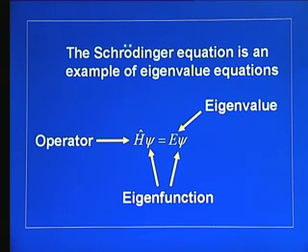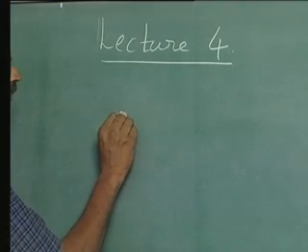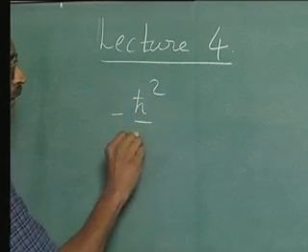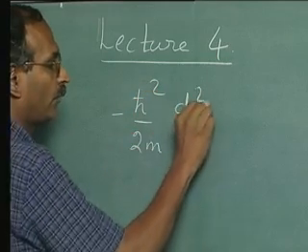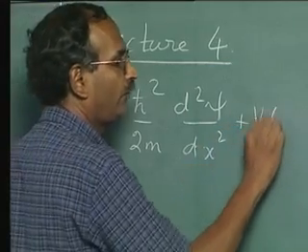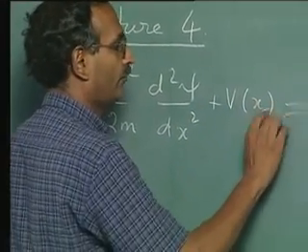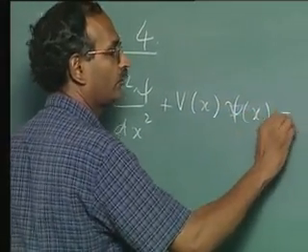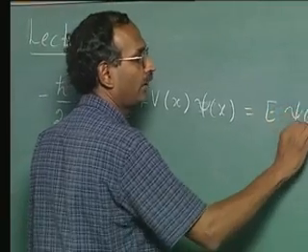Let's recall the Schrodinger equation. You have solved the two simple equations: minus h bar squared by 2m d squared psi by dx squared plus V of x psi of x is equal to E times psi of x.